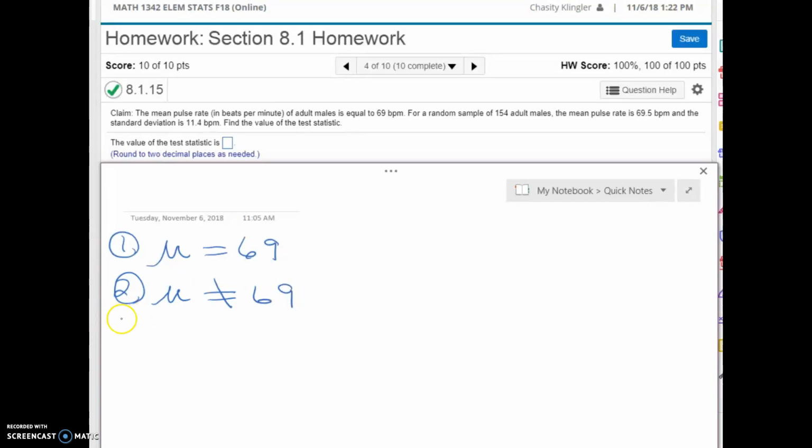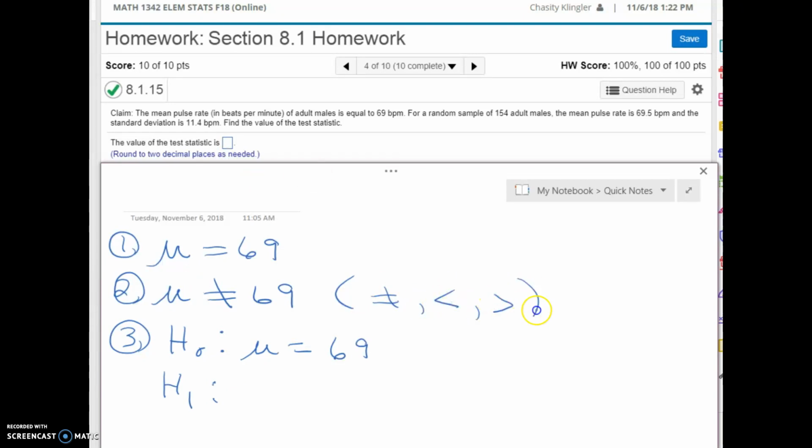And then step 3 is identify which one is the null and which one is the alternative hypothesis. Remember, the null is always the one with the equals. Whether it's strictly equals or greater than or equals or less than or equals, you change it to just equals. And the alternative is either going to have a not equal to sign, a less than, or a greater than.